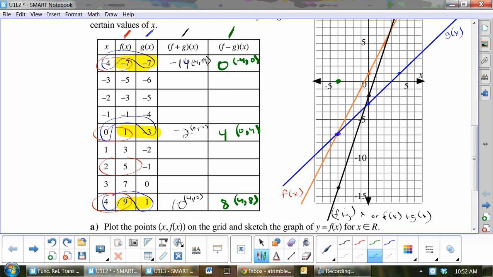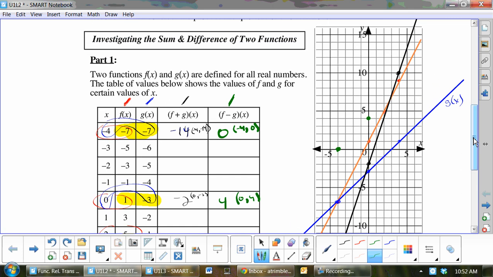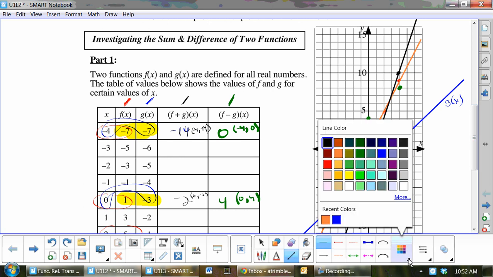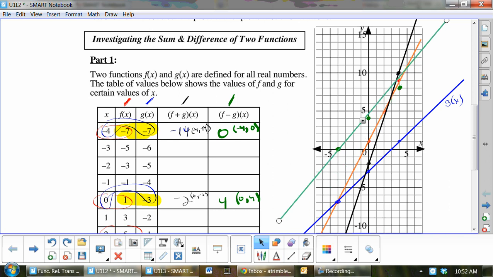Okay, 0, 4 is right here. And 4, 8 is right there. Okay, and then we just want to draw a green line. Okay, and that is f minus g of x.